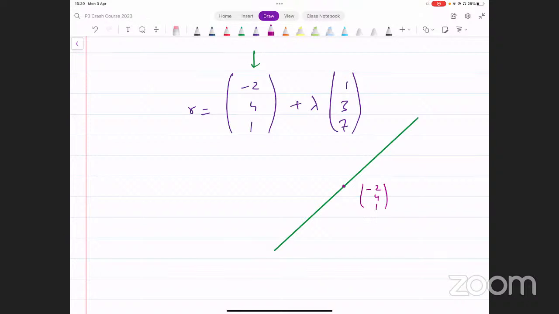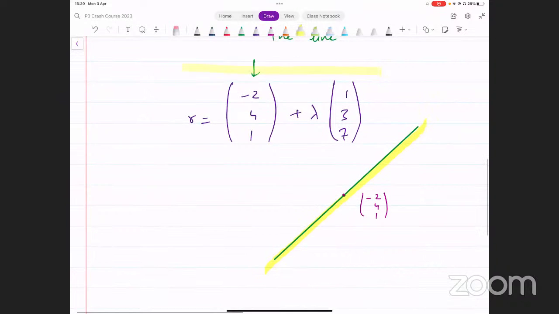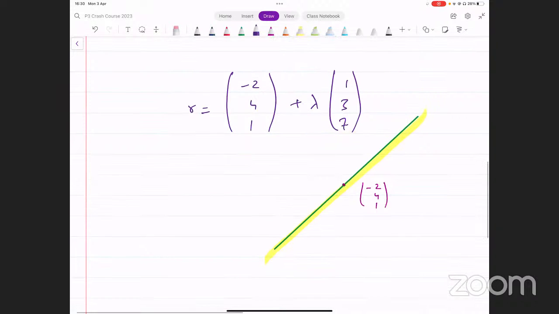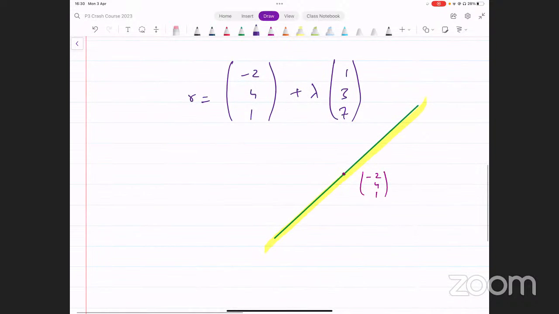Now, what about every other point on the line? So this whole line is what this equation represents. Every point on this line is going to satisfy this equation. So how do you find every other point on the line? Basically, different values of lambda give you different points on the line.